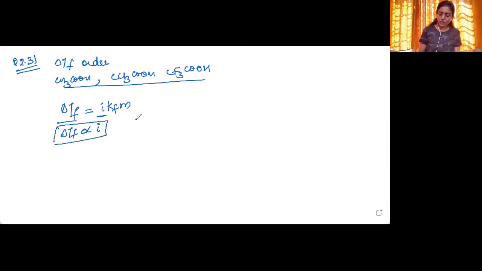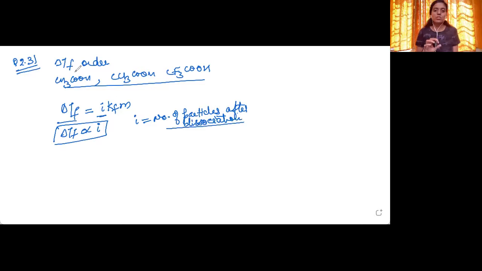Okay, now what is Van't Hoff factor? It is equal to the number of particles after dissociation or association. Okay, I will not write association here because we know that carboxylic acids will dissociate in water. Upon number of particles before dissociation.